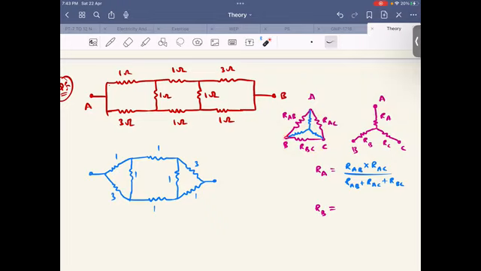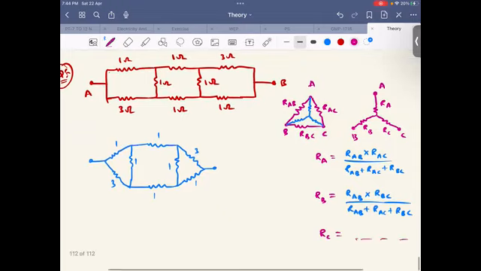Similarly, RB is given by its adjacent sides, RAB and RBC: RAB into RBC divided by RAB plus RAC plus RBC. Is it clear? RC you can write the same way.